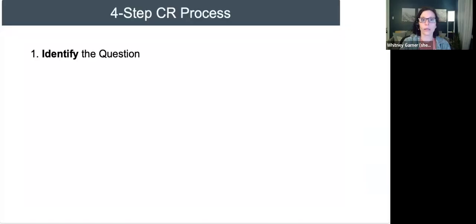So let's talk about the critical reasoning process itself. When we encounter critical reasoning questions, so that's the questions that'll have a paragraph at the top, and then we'll have a single question and then 5 answer choices, our job is to first identify which kind of broad type of question we're in.